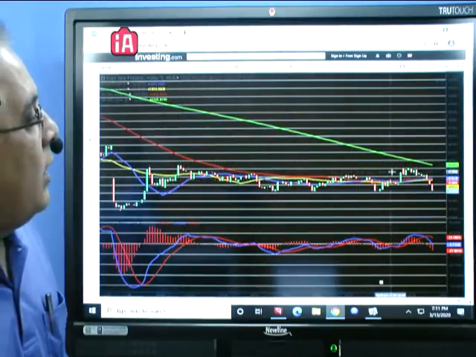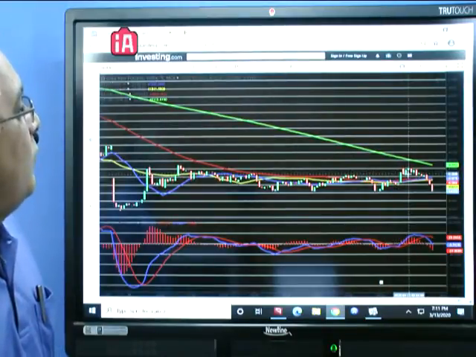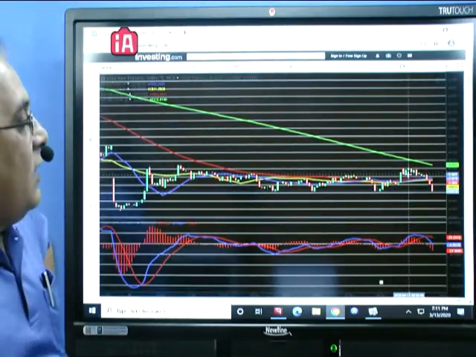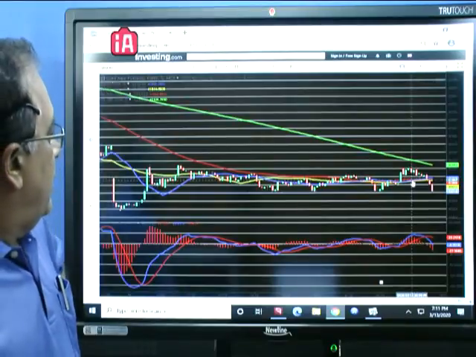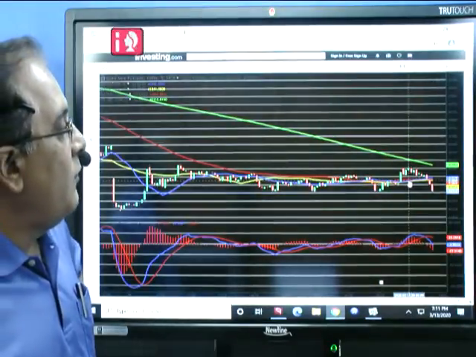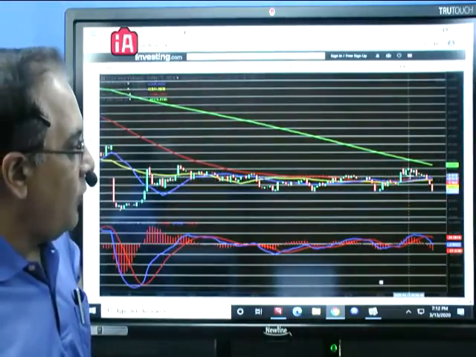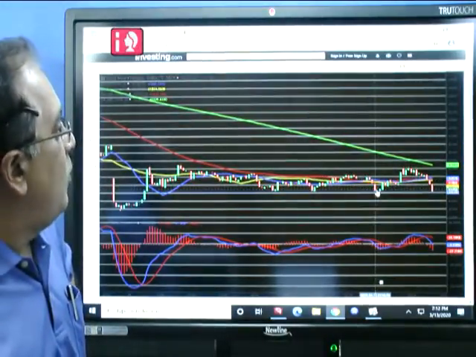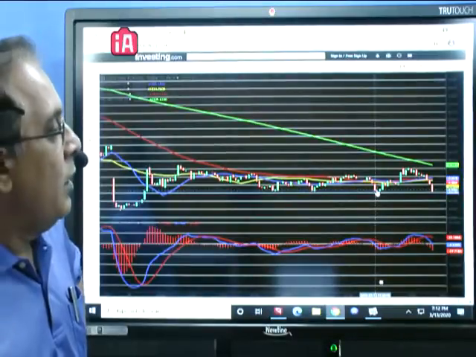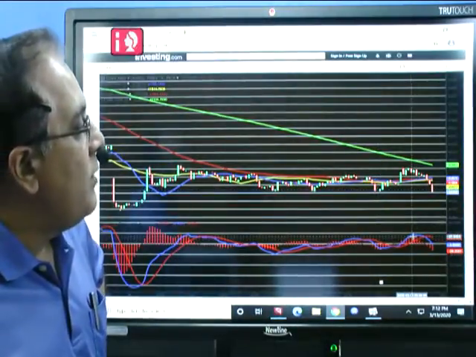I think again it went closer to the 42,050 levels and failed to break. So today any rally which came to 42,050 has been beaten back. So we should keep this as a stop loss and look towards selling below 41,673. So 41,670 is a very important support.